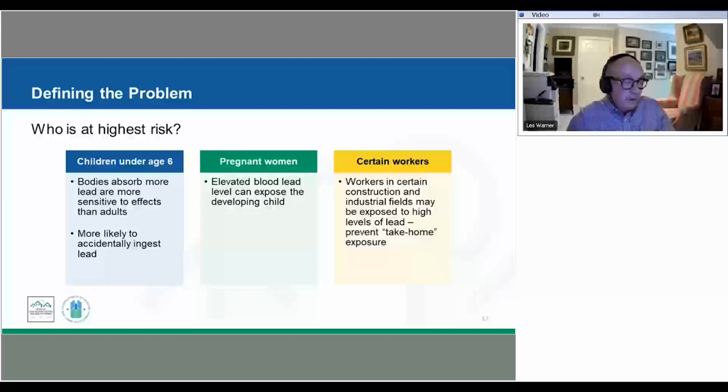We're going to be talking about, for instance, the EPA RRP rule and trying to protect workers who are working in lead hazard reduction. We not only want to protect that worker from that, but we also want to make sure that any contamination that they've come into contact with is then not brought home and brought back to that household.